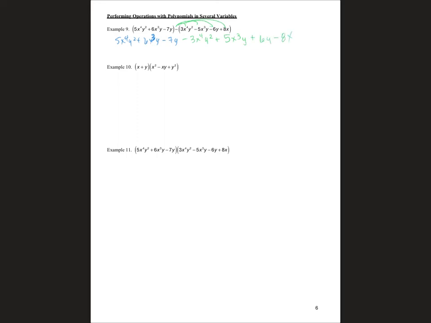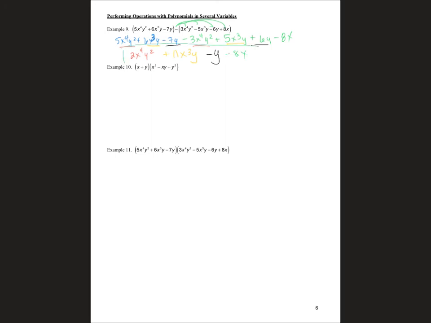Then I'm going to combine like terms. There we go. So 2x to the 4th y squared. And then plus 11x cubed y. And then I'm going to combine my y's, minus y, and then minus 8x.